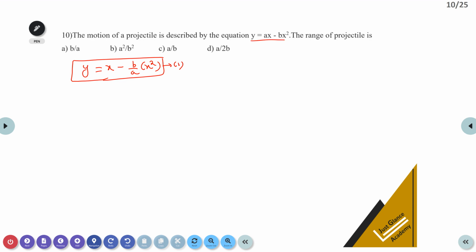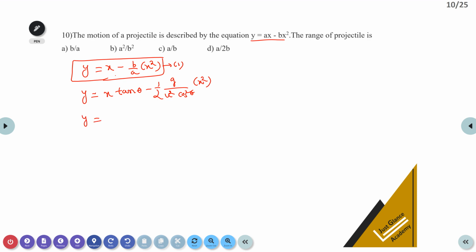I modified this equation. We know the standard projectile equation, y equal to x tan theta minus 1 by 2 g divided by u square cos square theta into x square. I want to modify it into this form, keeping only x.